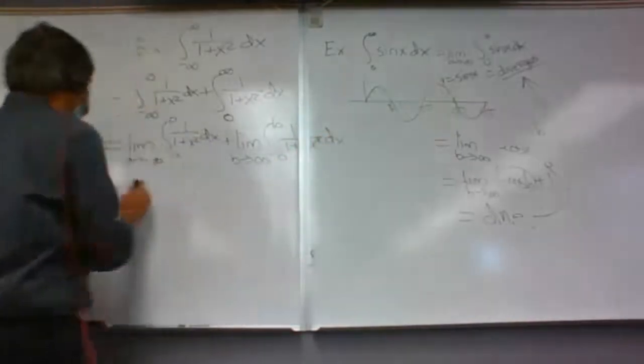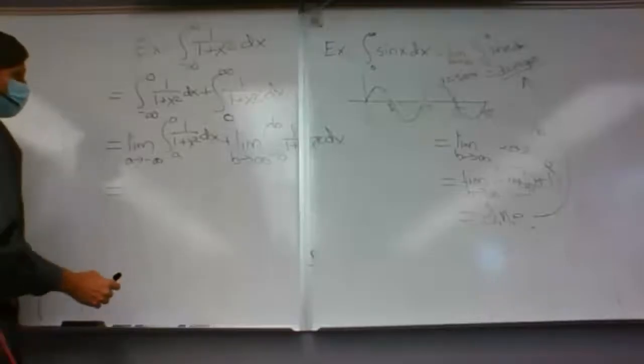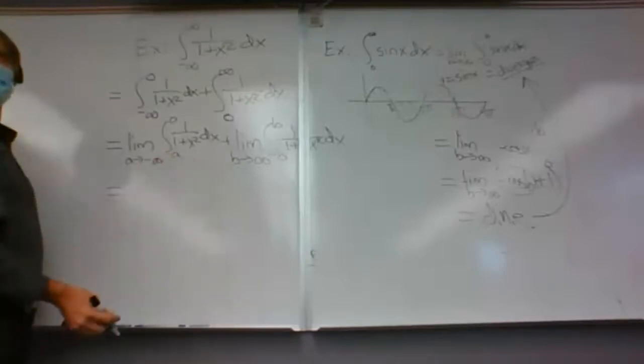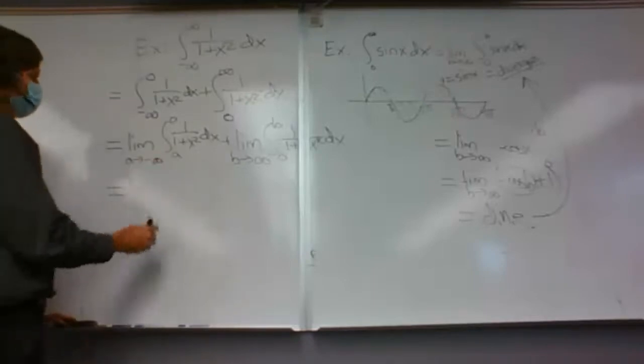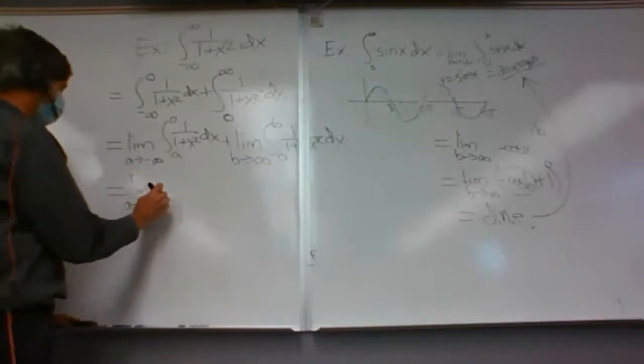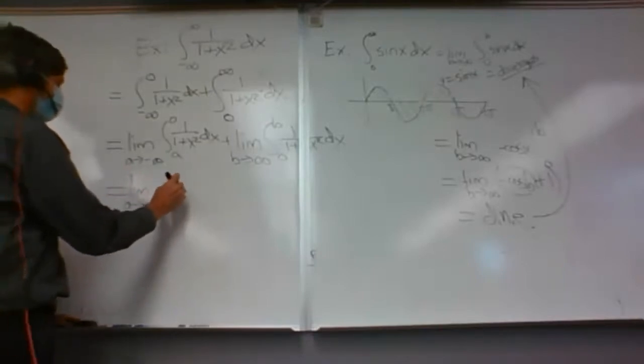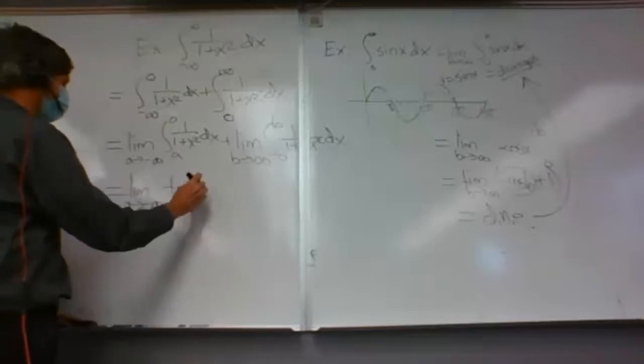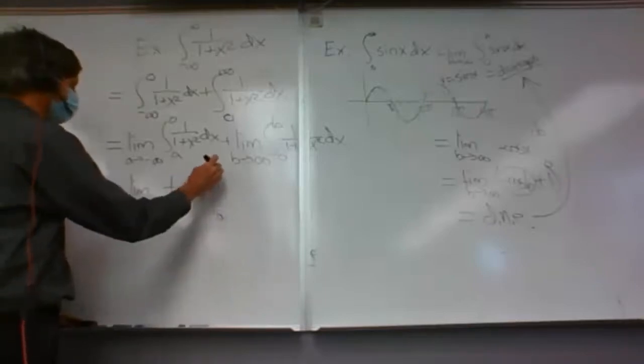All right? There's the definition. Now, what's the integral of 1 over 1 plus x squared? We call this arctangent, right? The limit as a goes to minus infinity of the arctangent of x, plug in 0, plug in a.